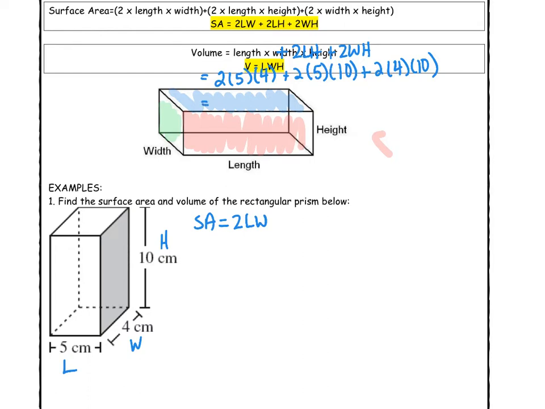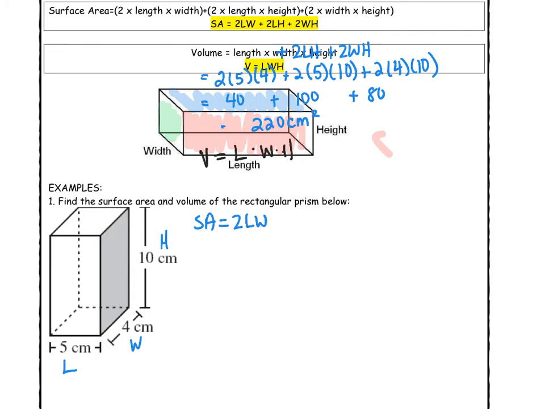You can do it all as one calculator entry, or you can do them individually. So this is going to be 40 plus 100 plus 80, which gives me 220. Now for my units, my linear measurement is centimeters, so my area is centimeters squared. Okay, volume, I always find the volume calculations even easier than the surface area.